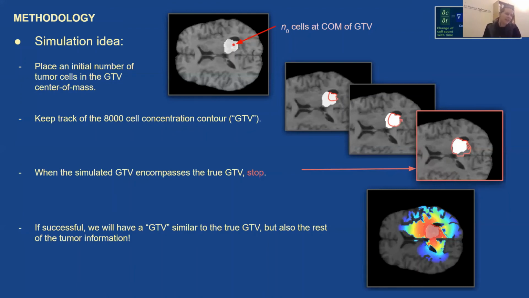Indeed, this would not work ideally with the way we use the CTV, in that we have a homogeneous dose distribution in the CTV. We'd have to account for that, because these are vastly different cell concentrations close to the tumor and far away.